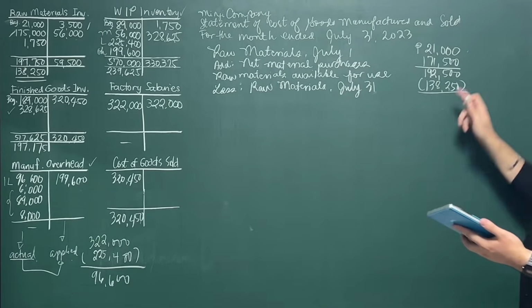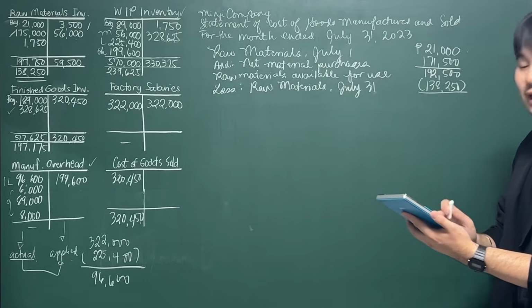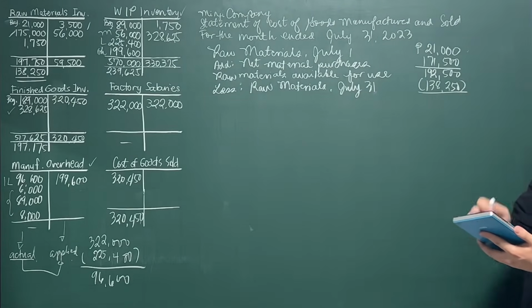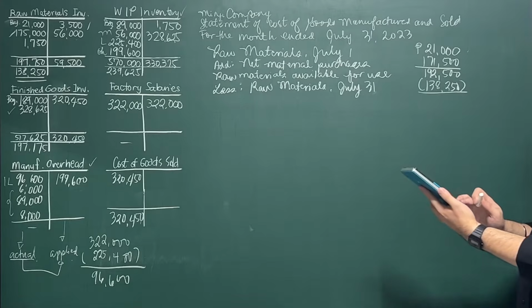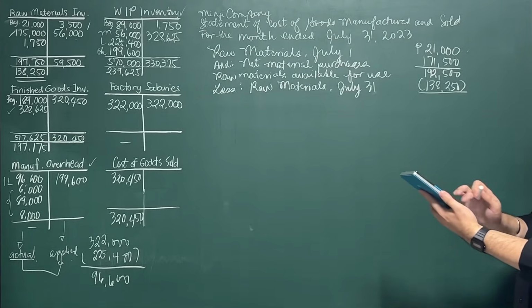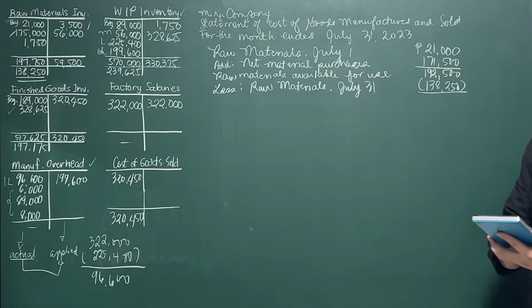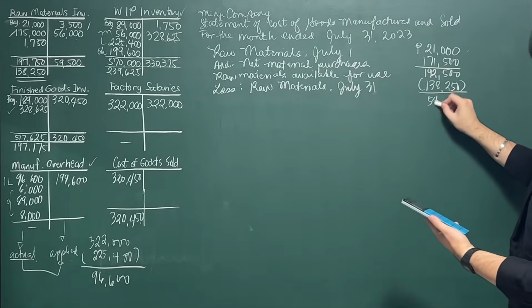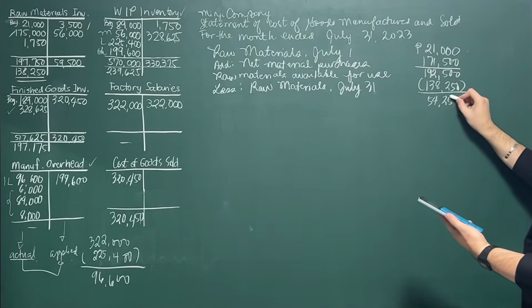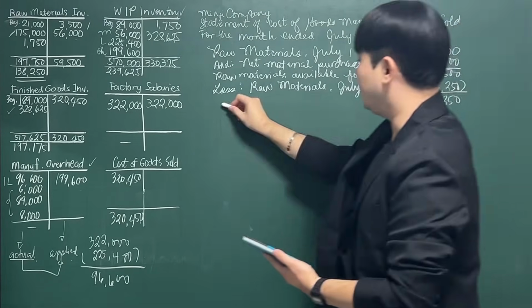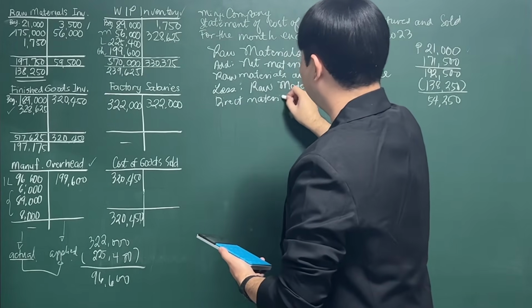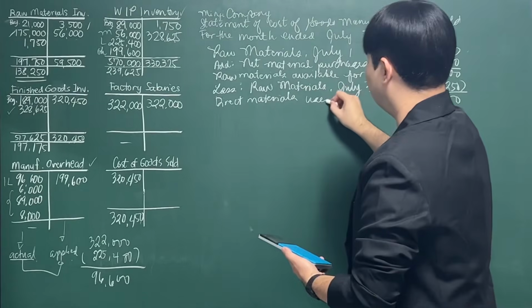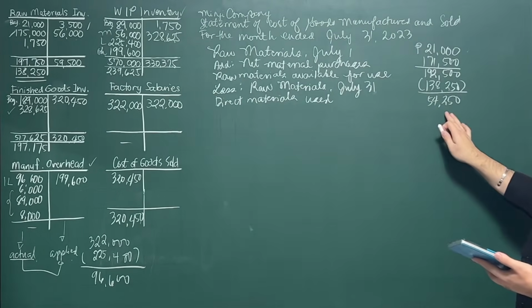So if we can use 192,500, and what is left in the stock room after the whole production process is 138,250, then the materials that we have used is 54,250. Okay, so these are your direct materials used. Let's confirm if this is correct.